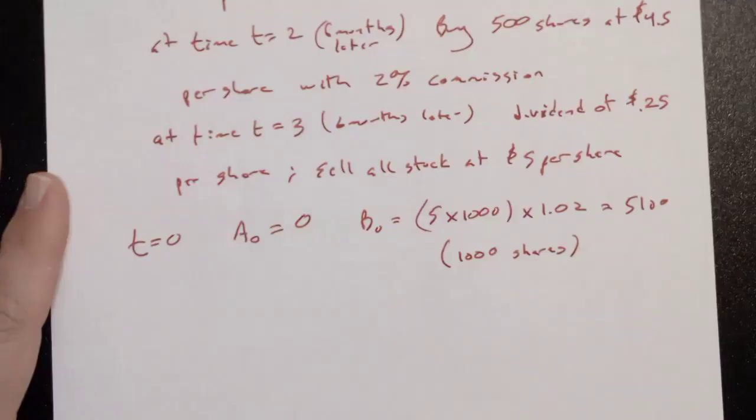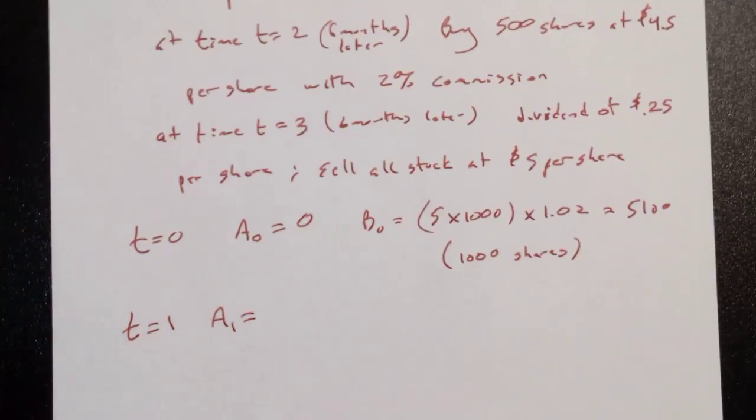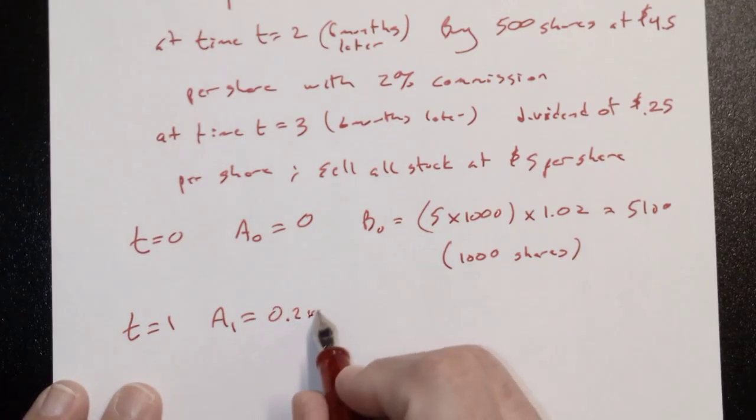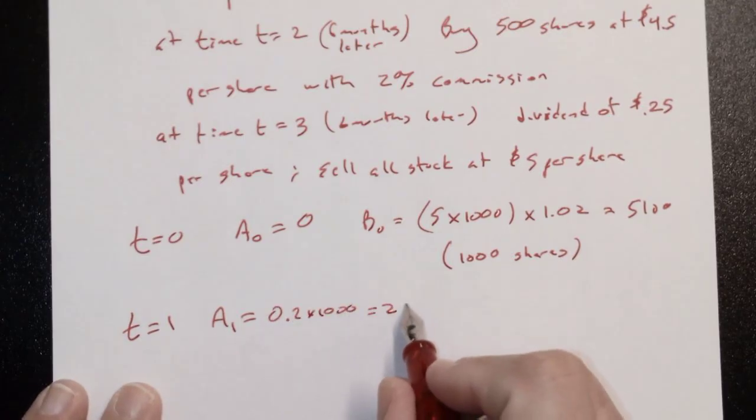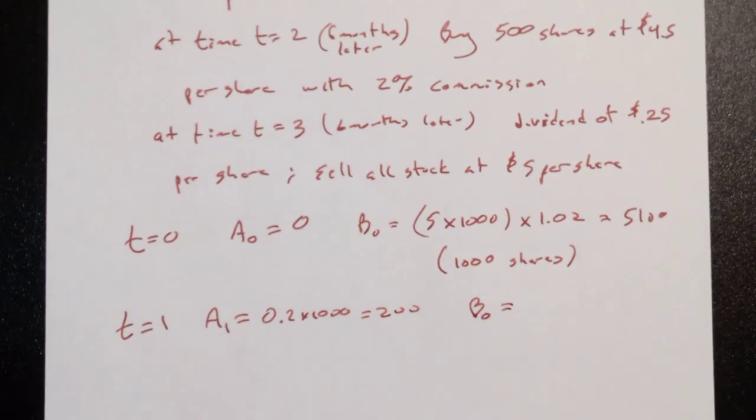At time 1, how much money comes in? How much money goes out? Why 4,000?